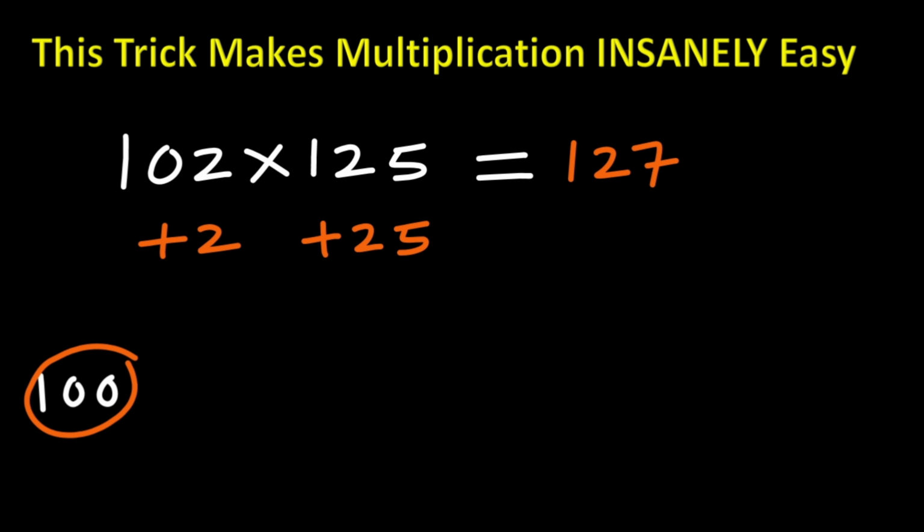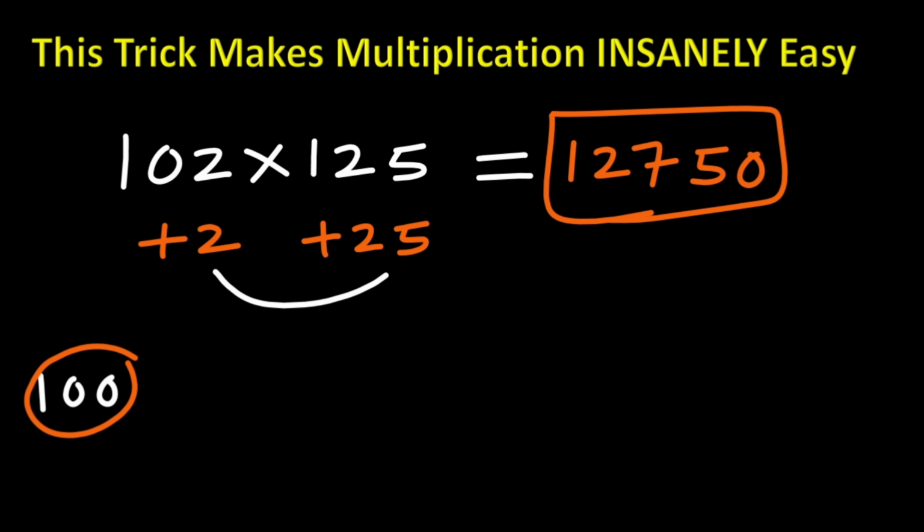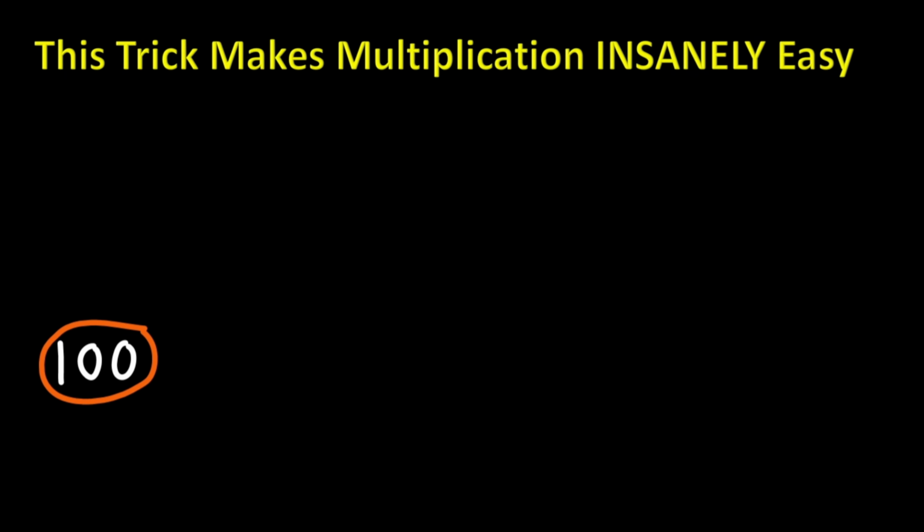And now you're going to multiply just these two numbers. 25 times 2 is 50. You write that here. So what is the answer? So it's going to be 12750. So the product of 102 and 125 is 12750.